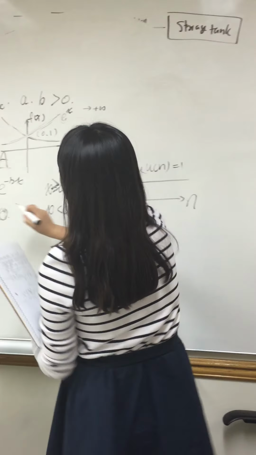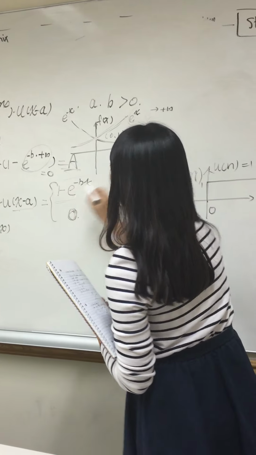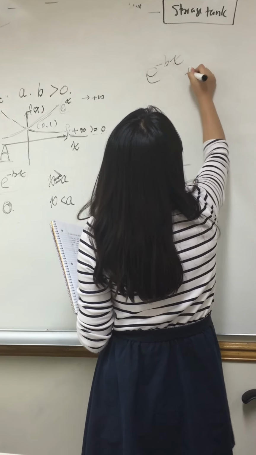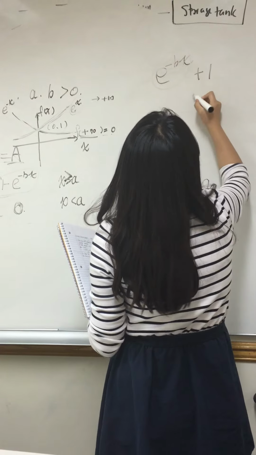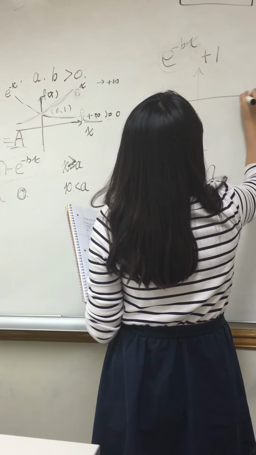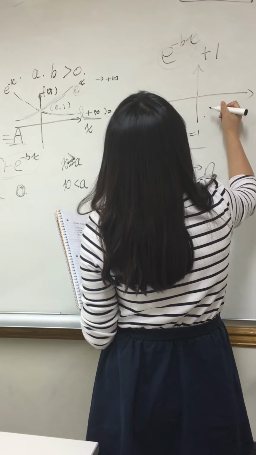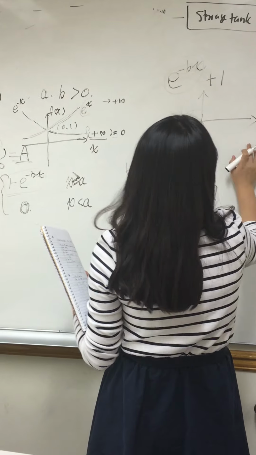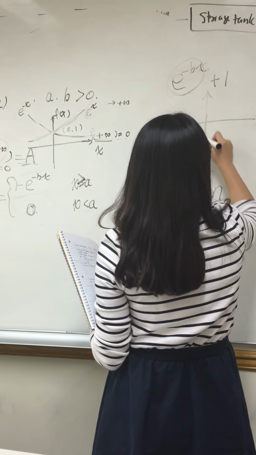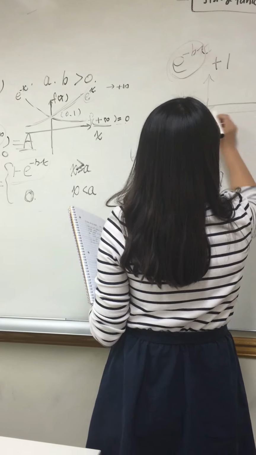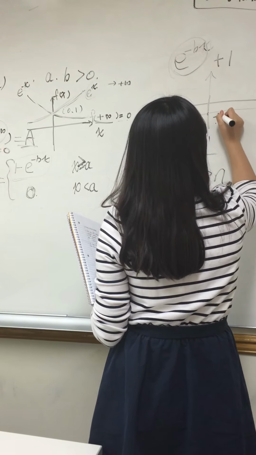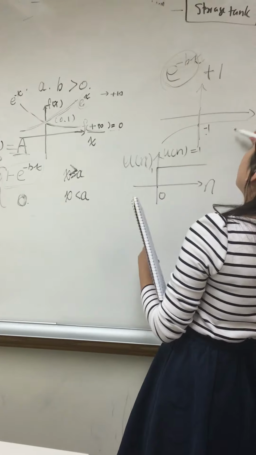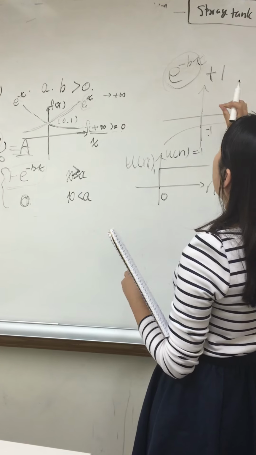And we have to draw this one, e to the minus bx plus 1. First we draw this one. We know this one should be drawn as minus 1, and if the function plus 1, we should move it up 1 unit.